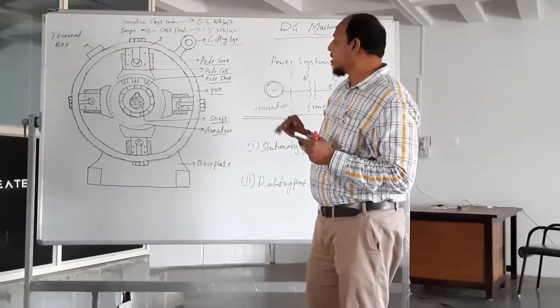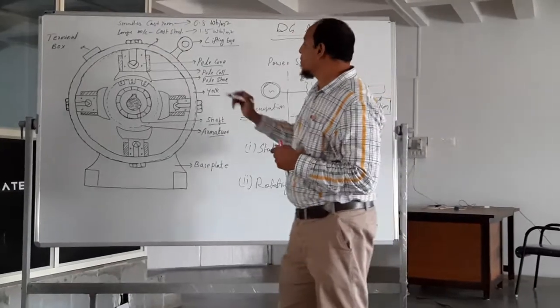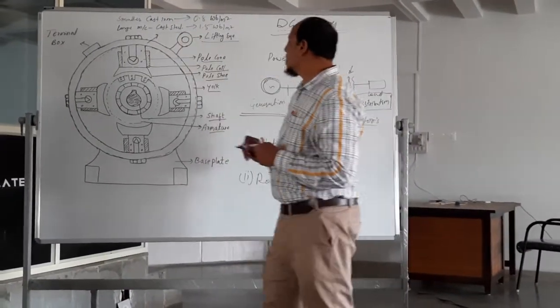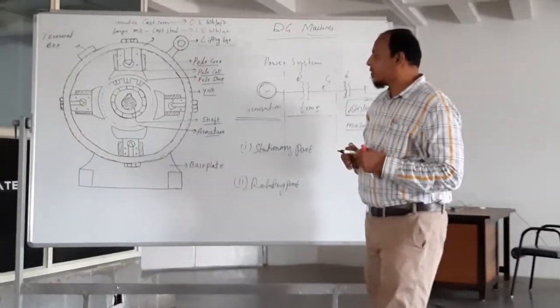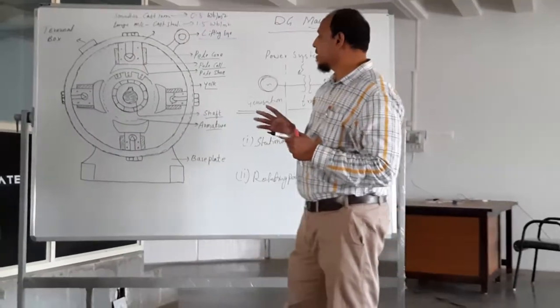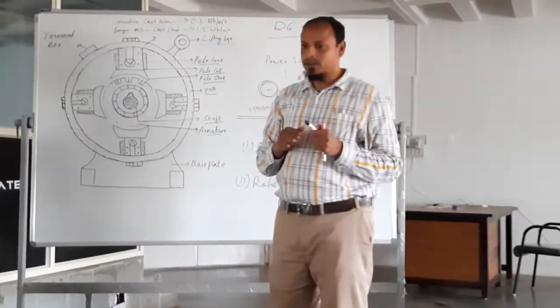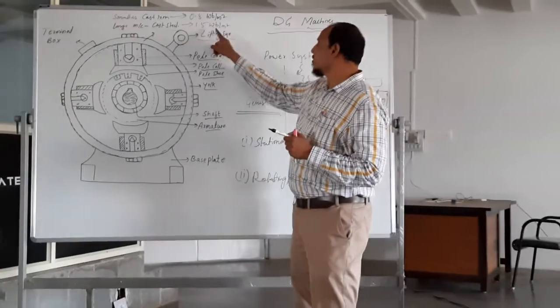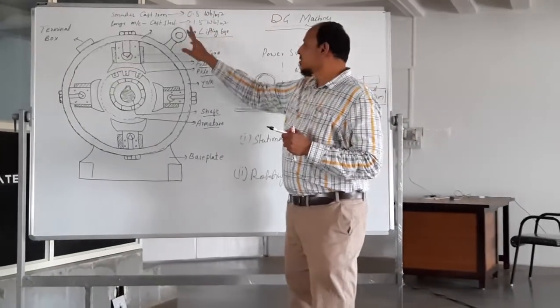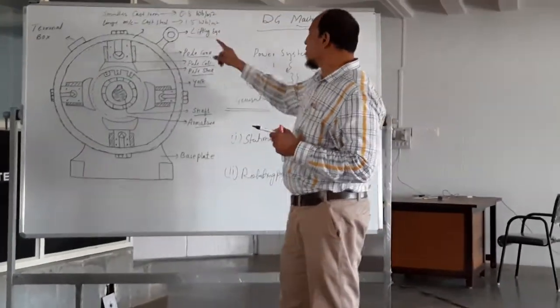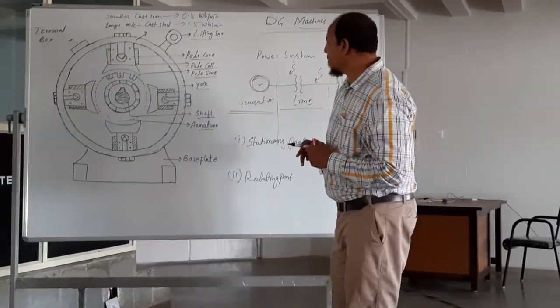Hence it is not economical. To make a suitable outer periphery with a smaller diameter for the same application, the preferable material is cast steel, which is of 1.5 Weber per meter square.